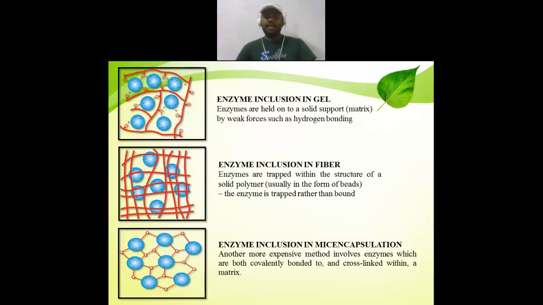And the last one is enzyme inclusion in microcapsules. Microencapsulation is another, more expensive method, involving enzymes which are both covalently bonded to and cross-linked within a matrix. So they are covalently bonded as well as cross-linked within a matrix.